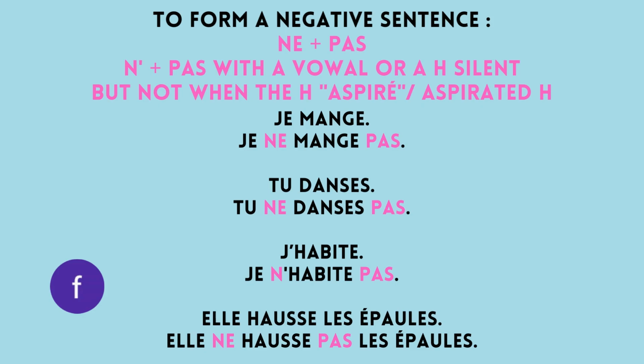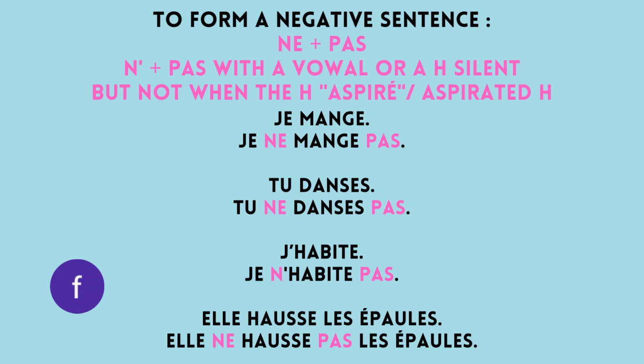Elle hausse les épaules, which means she shrugs her shoulders. Here, hausse is an aspirated H. Therefore, the negation will be elle ne hausse pas les épaules. Elle ne hausse pas les épaules.